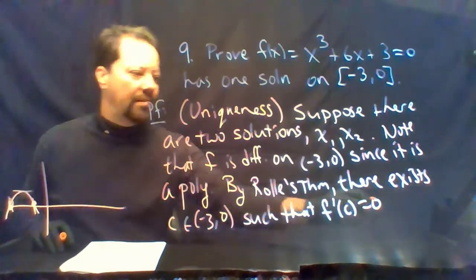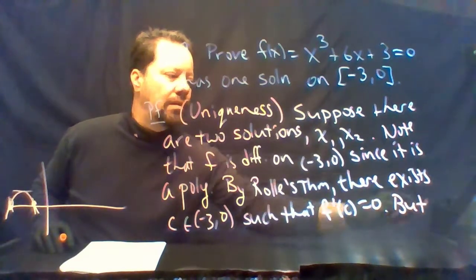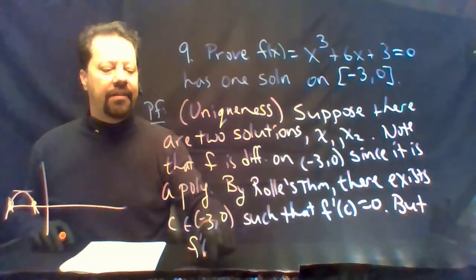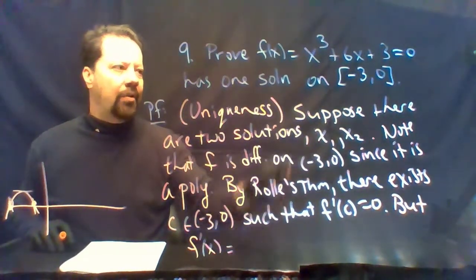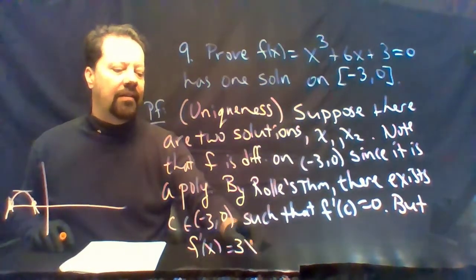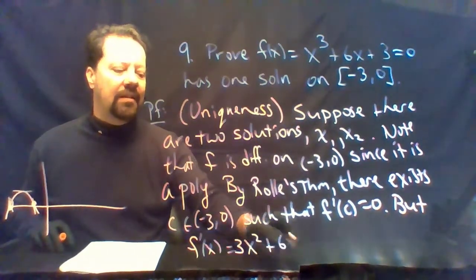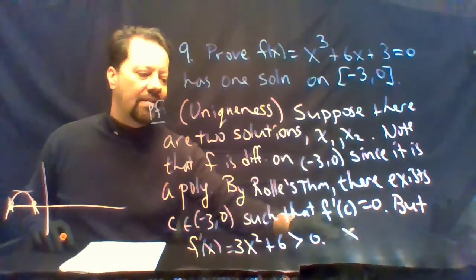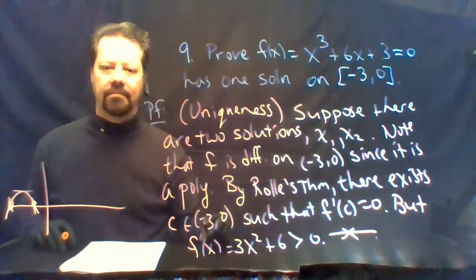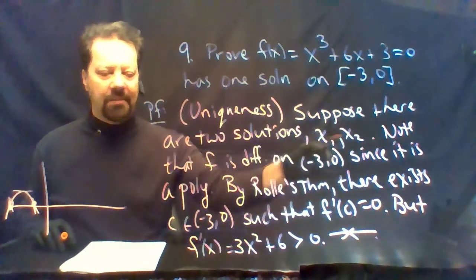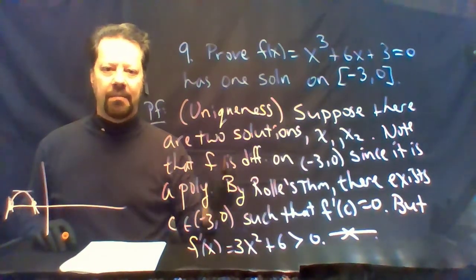But let's take a look at that derivative. The derivative is in fact 3x squared plus 6, and that can never be 0, and that's a contradiction. That means there can't be 2 or more. There must be only 1.